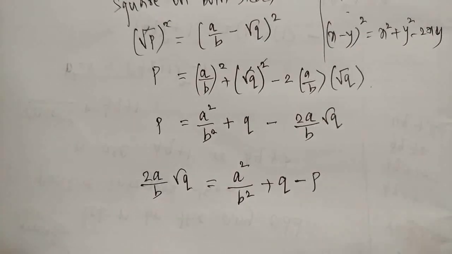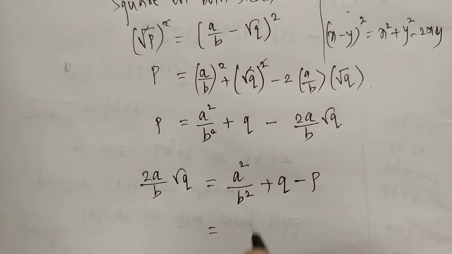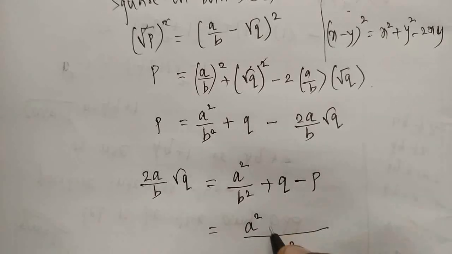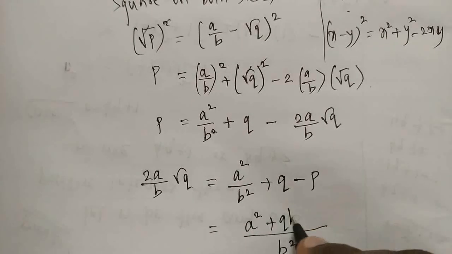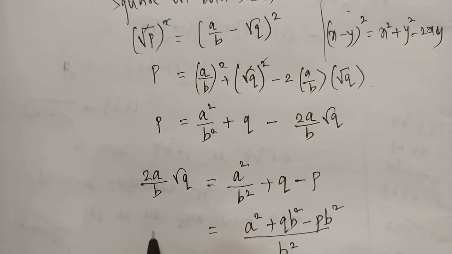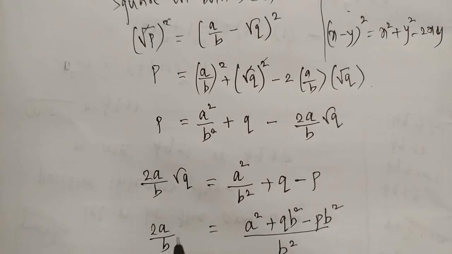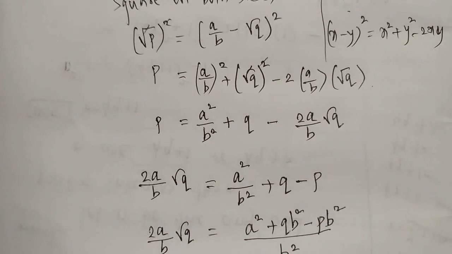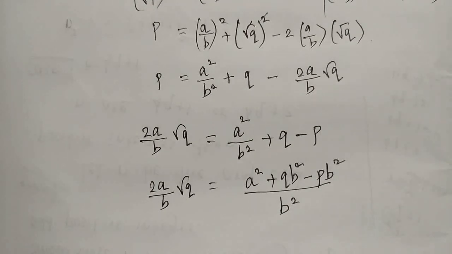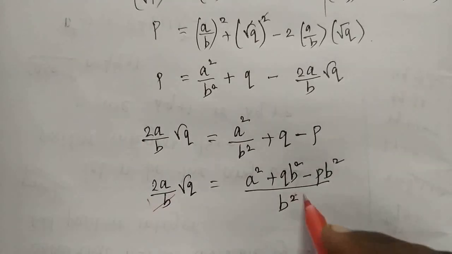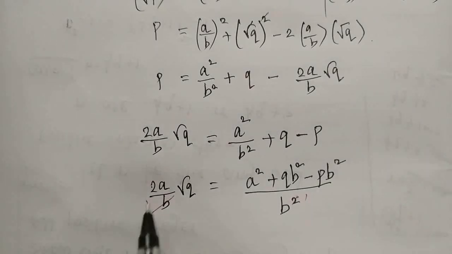Now I'm going to take the LCM, which is B square, and multiply it in the other two terms: A square plus Q B square minus P B square. On this side we have 2A by B into root Q, and we need only root Q on the left hand side, so the remaining value goes to the opposite side. B square in the denominator cancels one B, and the 2A goes to the opposite side.